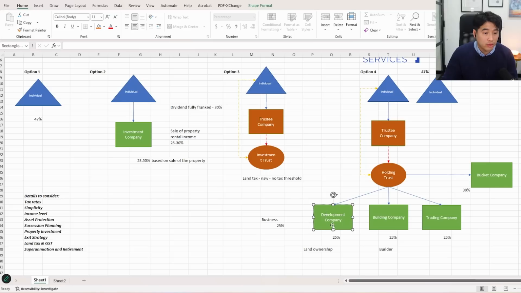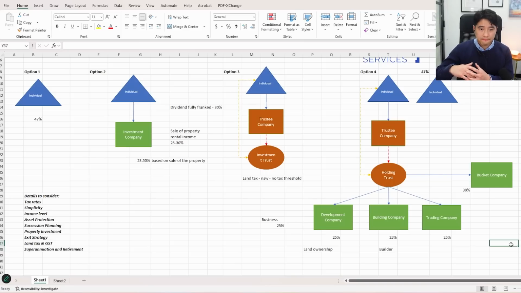The reason why we like option 4 is, if you've seen some other videos, when you do developments or make money, when you invest and when you run a business, your goal is to separate your risk. Therefore, if one of your risks does happen, worst case scenario, it takes down only a portion of your assets, not everything.